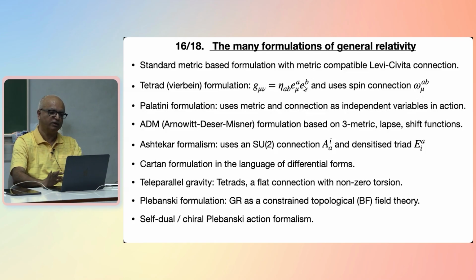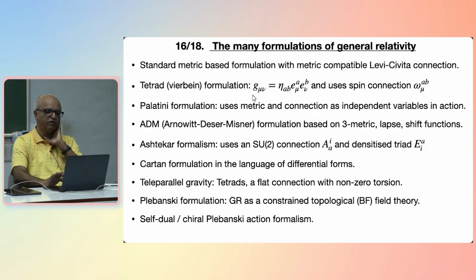That is called a tetrad, and it is defined by this condition. The metric is basically bilinear in the tetrad. Multiply 2 tetrads together, contract it with the local Minkowski metric, and you should get the metric. So this is the definition of a tetrad, and a vierbein refers to the fact that there are 4 of them.